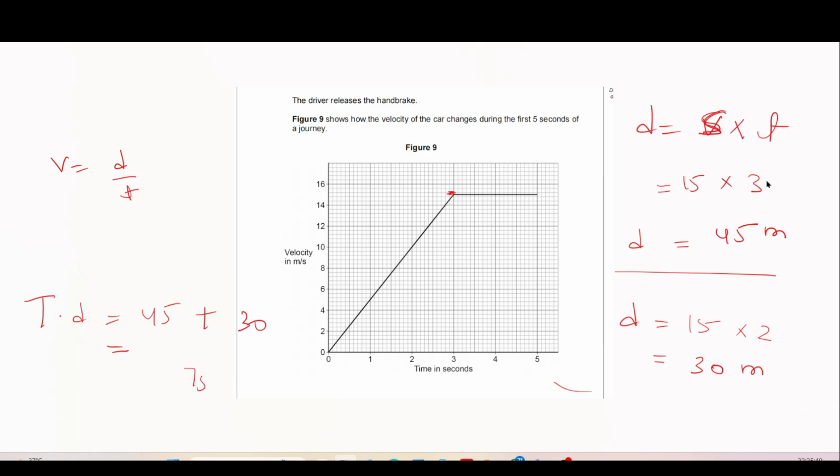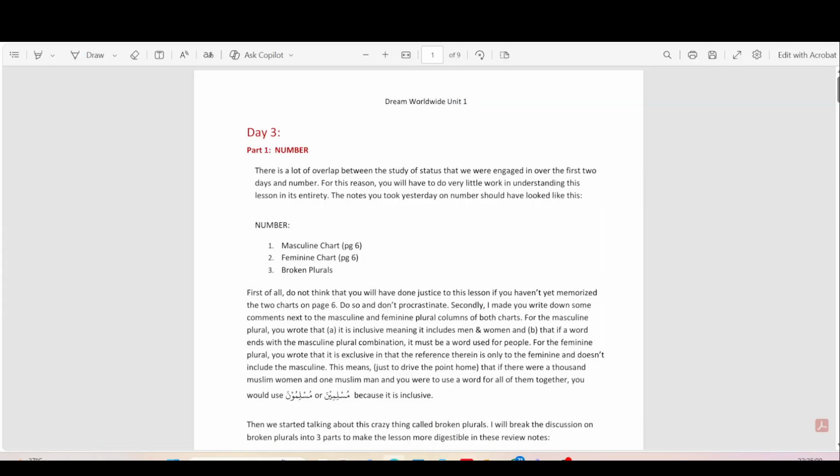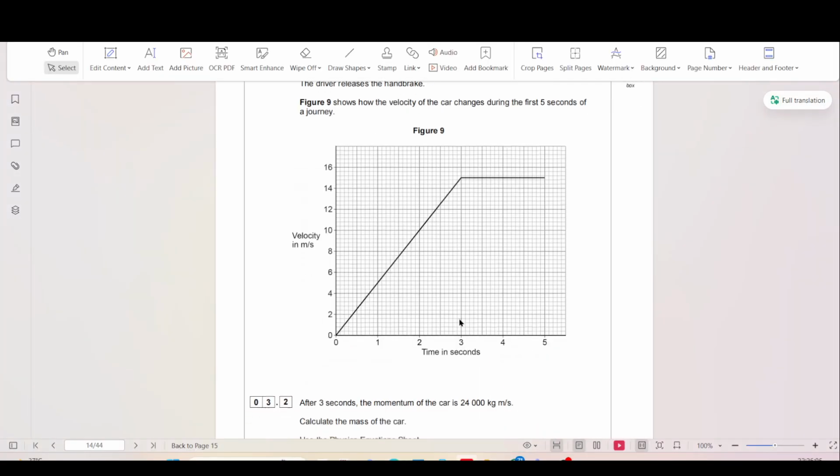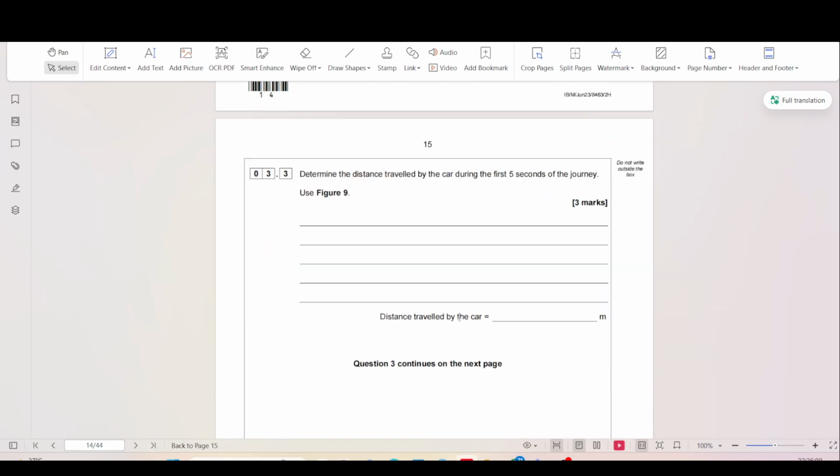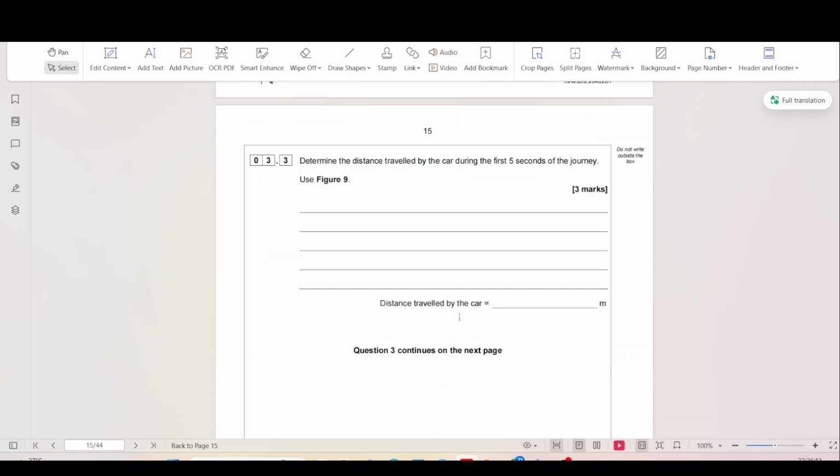75 is speed? Meters, right? So 75 equals speed. So then distance equals 75 times 5 seconds, right? No, 75 is not speed.